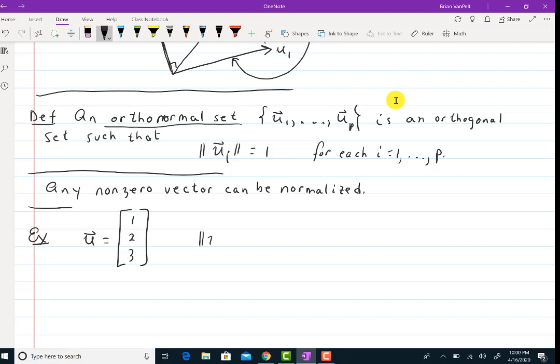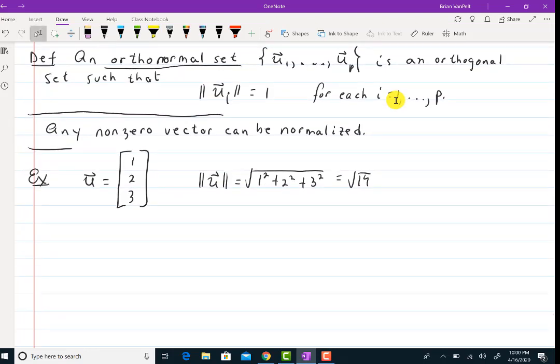And then the norm of u will equal the square root of 1 squared plus 2 squared plus 3 squared, which equals the square root of 14. Now then, 1 over the norm of u times u will equal 1 over the square root of 14 times 1, 2, 3.